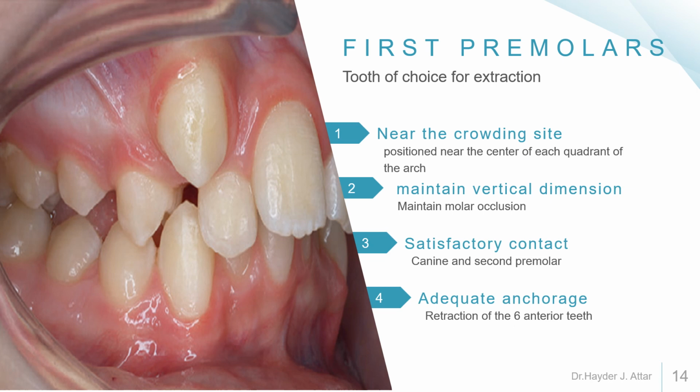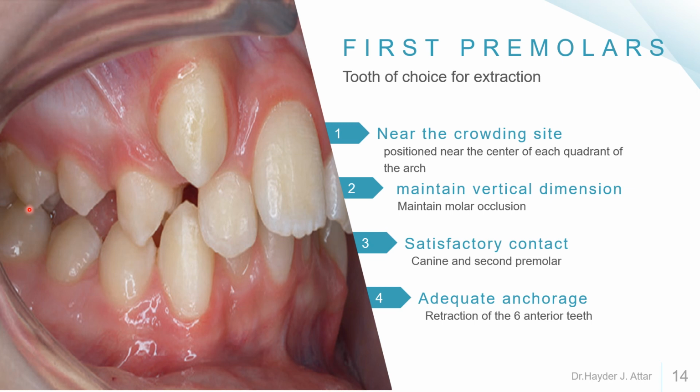The first premolars are indicated for extraction to relieve the crowding or to correct the sagittal relationship, and they are regarded as the teeth of choice for extraction in orthodontics because, first, they are near to the crowding site, positioned at the center of each quadrant of the arch, and at the same time they are the midpoint between the anterior teeth and the posterior teeth. In addition, the extraction of the first premolars will maintain the vertical dimension of the arch and maintain the molar relationship.